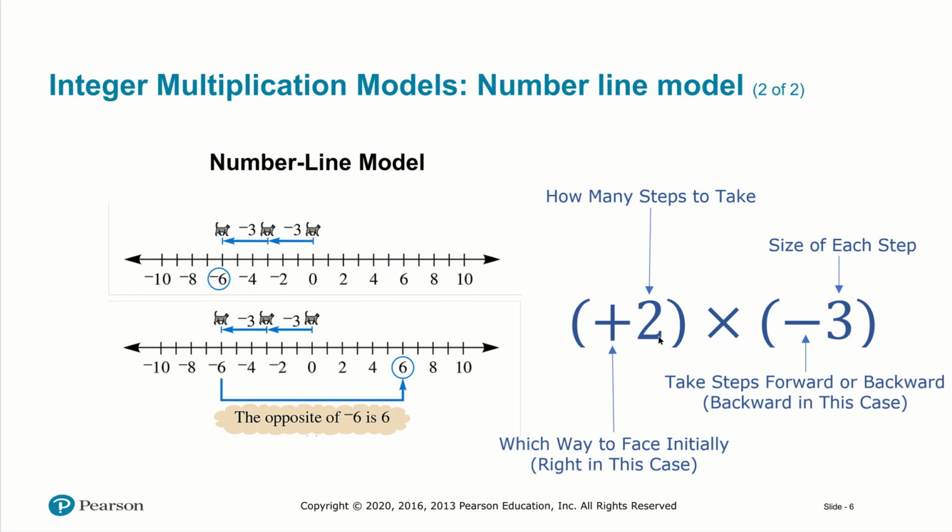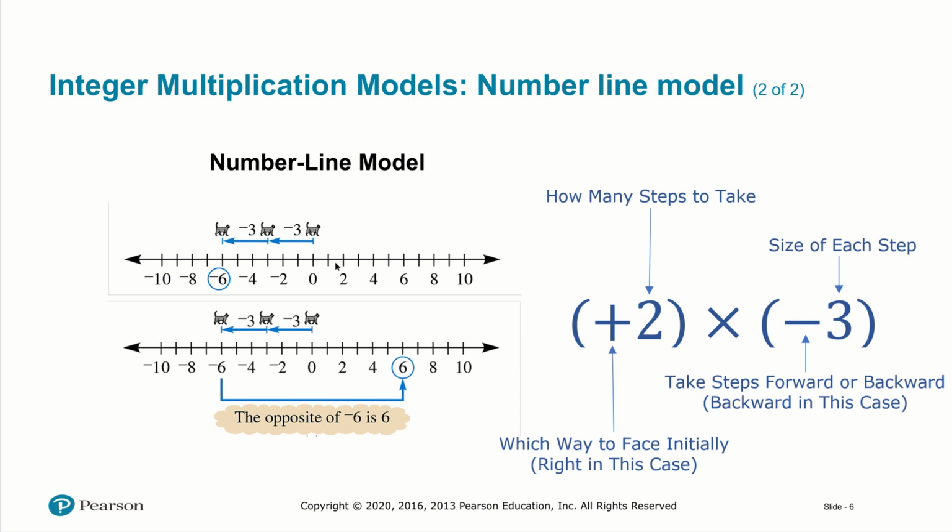Now, these aren't going to be single unit steps. They're going to be dependent on this next number. So this is going to tell you the size of each of your steps. And finally, that sign of the second number is going to tell you whether you're going to take your steps forward or backward.